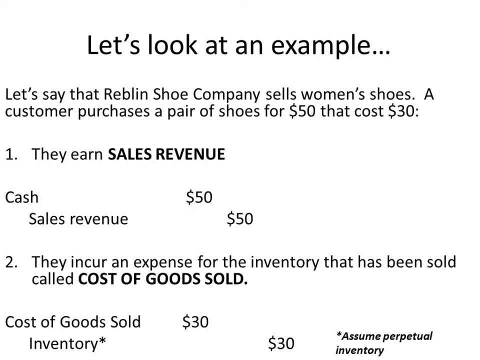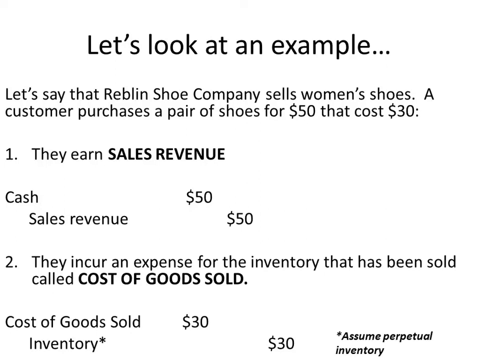There'd be something very basic and important that's different. Yes? That is something we're going to consider later on in this class, but there's something even more basic than this that's different. If we were in a periodic inventory world, what would be different about what I'm doing here? Yes, you don't make the second journal entry. Why? Because you only account for inventory at the end of the period.